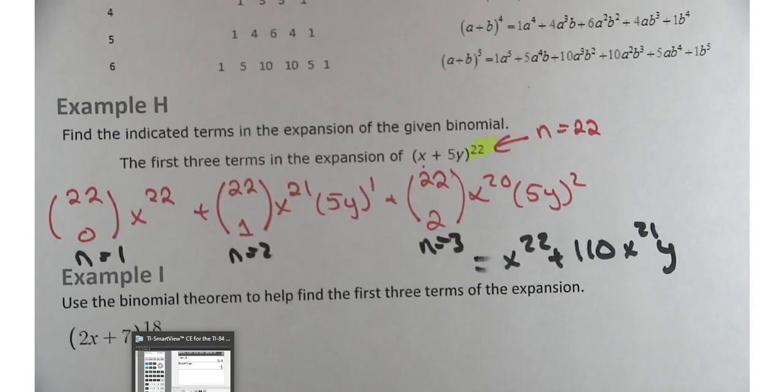Let's see if I can do it without it. Don't tell me. 22 times 21.